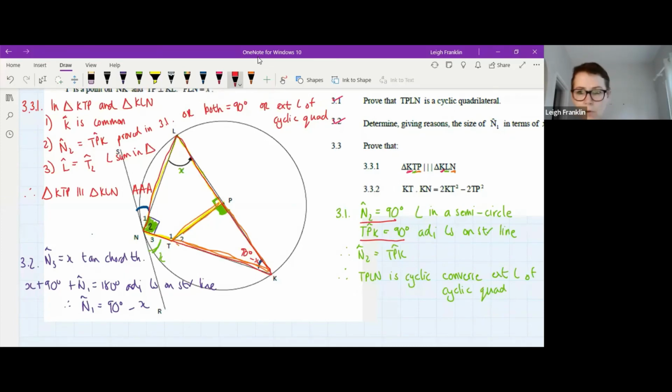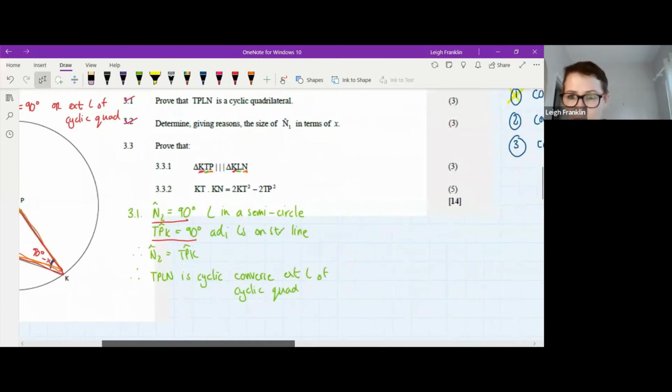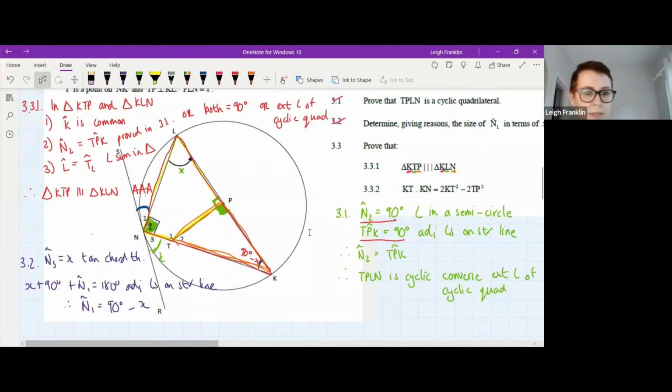There we go. All right, so now let's get into this monstrous question, because that's the one that I really want to do with you guys. Okay, last bit. So KT times KN, this is what they want us to prove, equals 2KT squared minus 2TP squared. How should we approach questions like this?